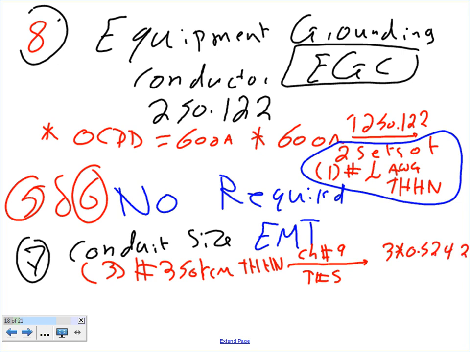Then I have 1 conductor in each set, 250 kcmil THHN. That's for the neutral, right?